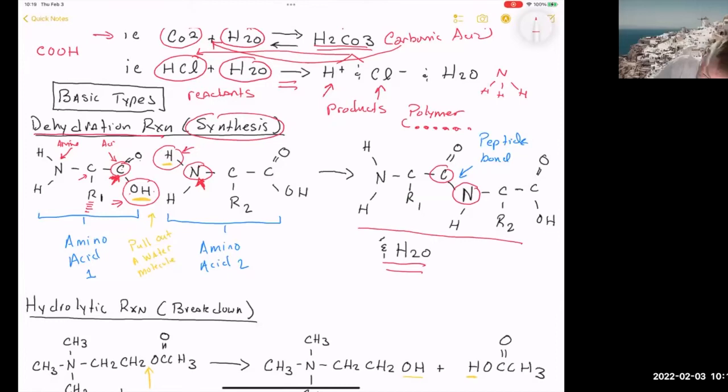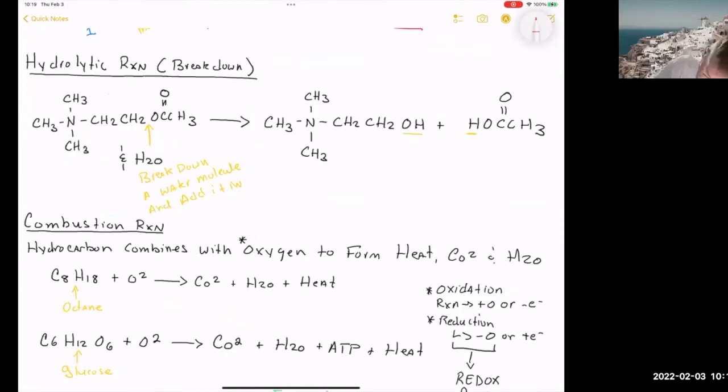And then the major breaking down reaction in the human body is called a hydrolytic reaction. So with dehydration synthesis, you build with dehydration and you break down with hydrolysis. And hydrolysis means that you break a water molecule down in the environment and add the water molecule to the chemical reaction.